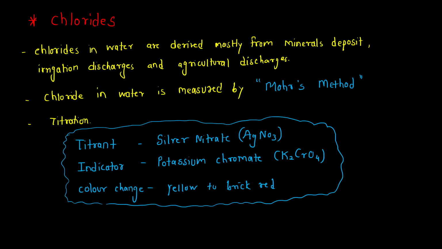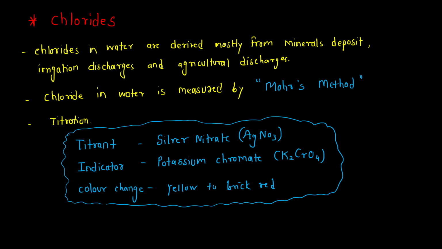In this case the titrant is silver nitrate. Slowly we drop the silver nitrate solution into the mix of potassium chromate and water present in the conical flask. Slowly the yellow color changes to red. The point at which the yellow color changes to red, that volume you have to note, and with the help of that we can find out the chloride content.